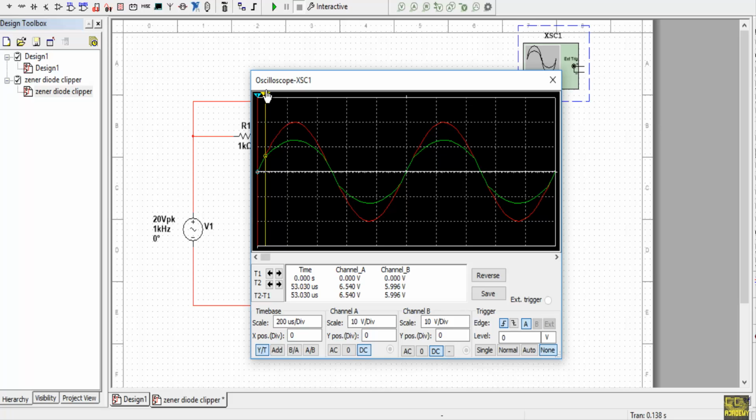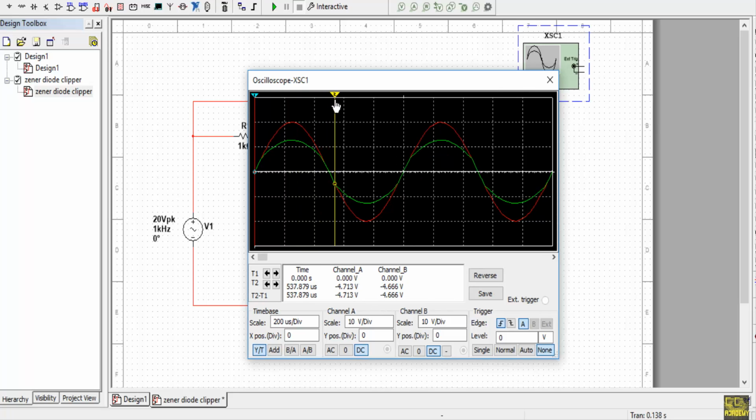Okay, after that you will see when Vi is at its maximum value, let's say 19.964 volt, our output is equal to 12.795 volt, which I got as 12.85 volt when Vi is equal to 20 volt.